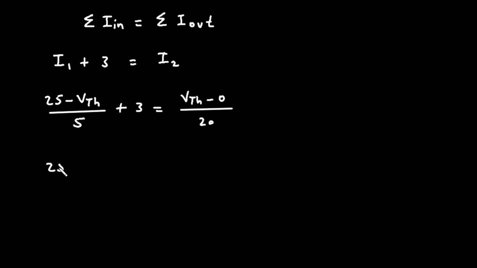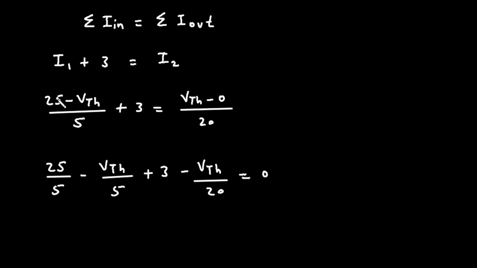So it will be 25 divided by 5 minus VTH divided by 5, then plus 3. If we take this on the left side, it will be minus VTH divided by 20 is equal to 0. So 25 divided by 5 minus VTH divided by 5 plus 3, then minus VTH by 20.